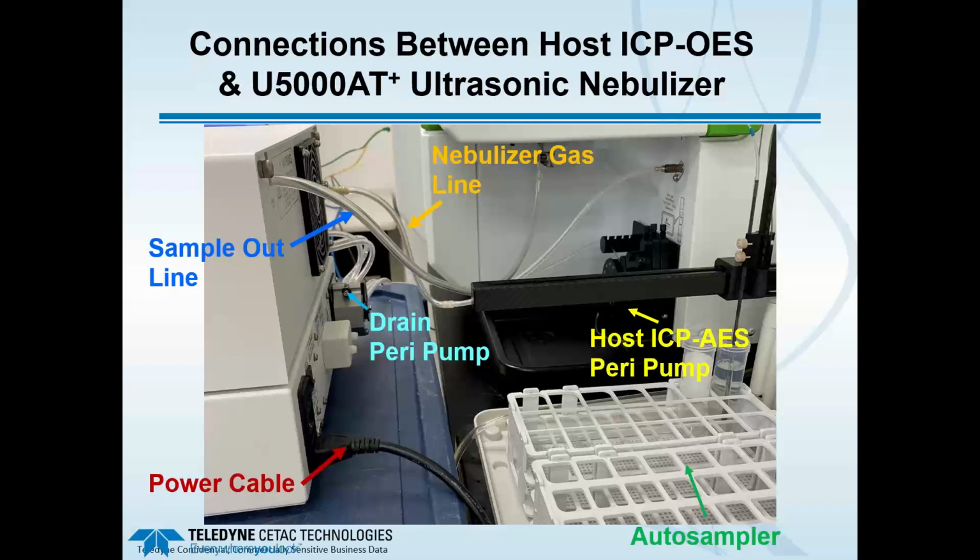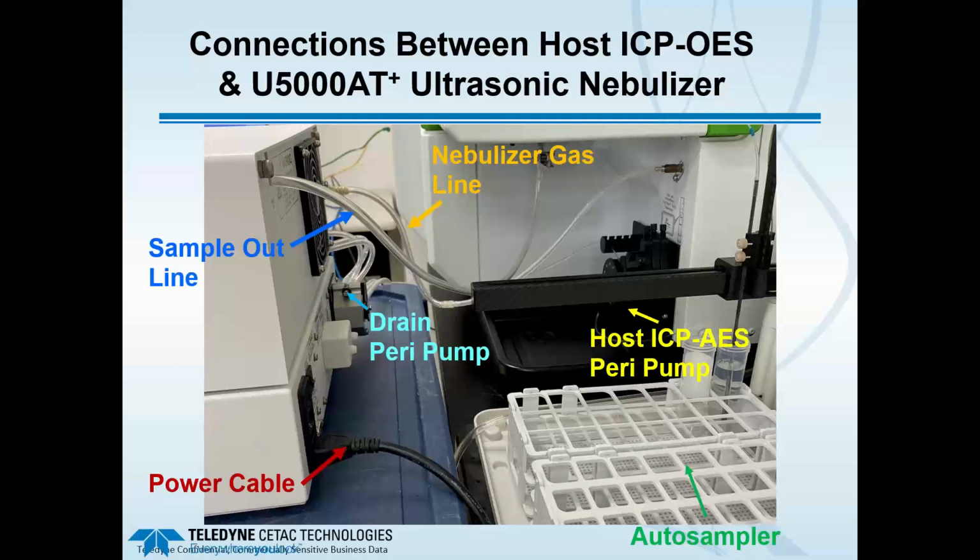Then as we move counterclockwise, the green callout is an autosampler, in this case the CETAC ASX280. There's the host ICP peristaltic pump, called out in yellow. We're going to use that to bring the sample solutions to the ultrasonic nebulizer.